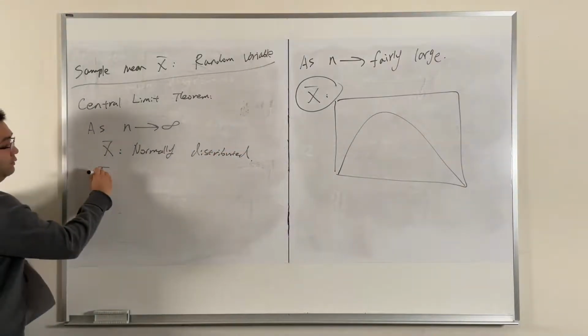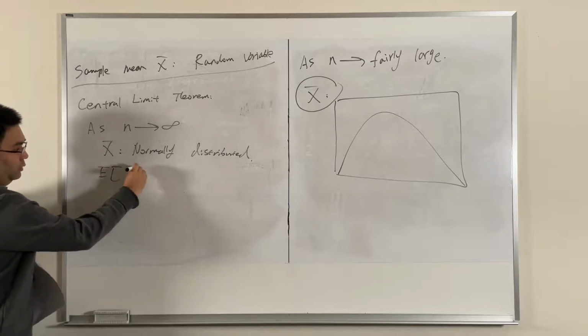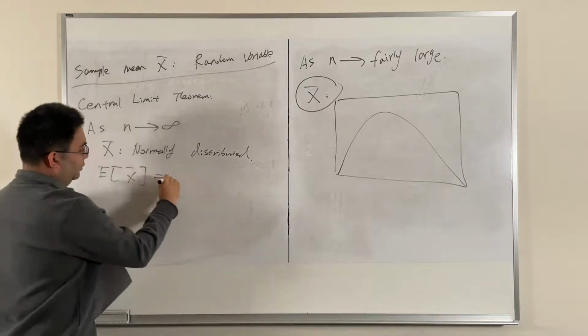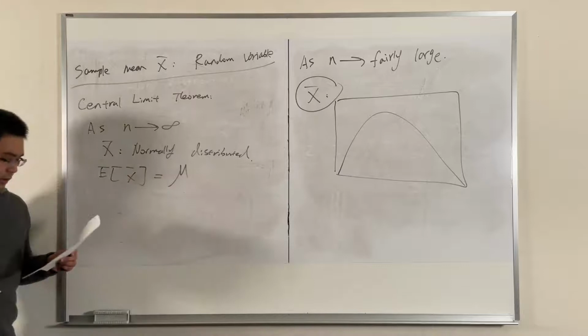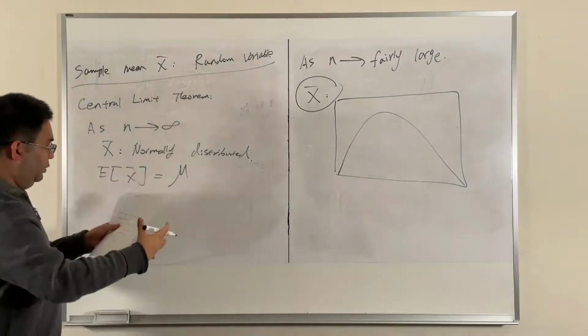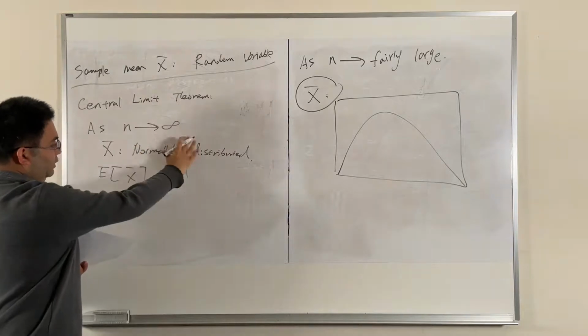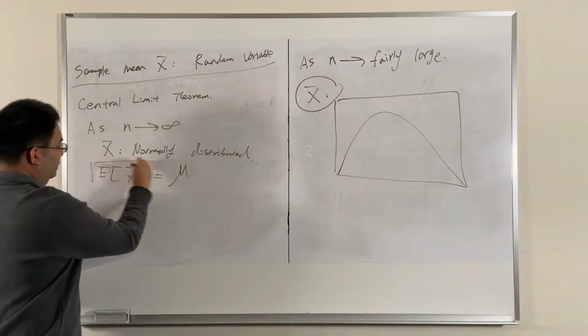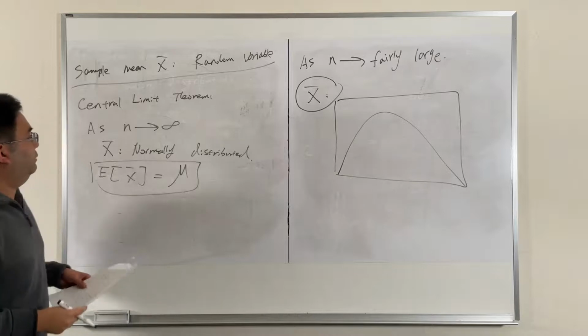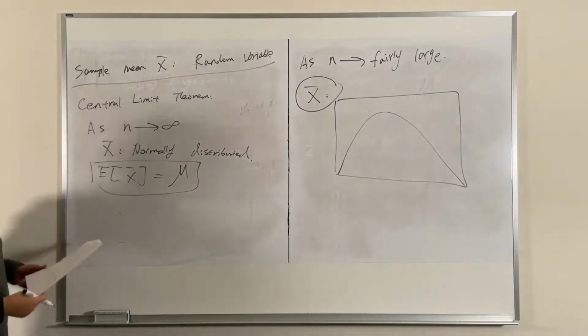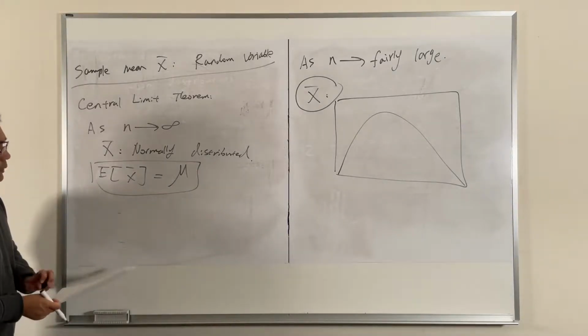And the expected value of our x bar equals the population mean. So as sample size gets really big, the expected value of our sample mean equals the population mean. Okay, next.